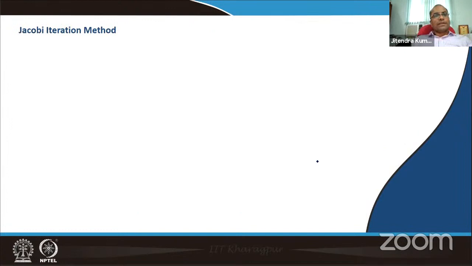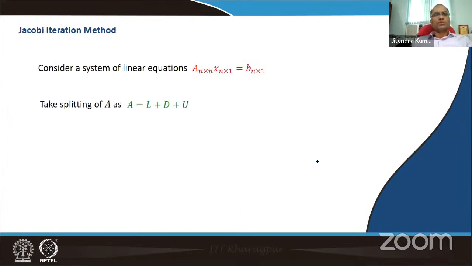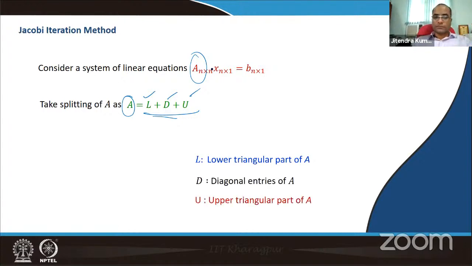Okay, so this is already covered, and let me just go through it quickly because you already have the lecture and must have observed it before. This is the splitting we are talking about. For instance, we have this system, and A is split into L, D, and U: the lower triangular matrix, the diagonal only, and the upper triangular matrix.